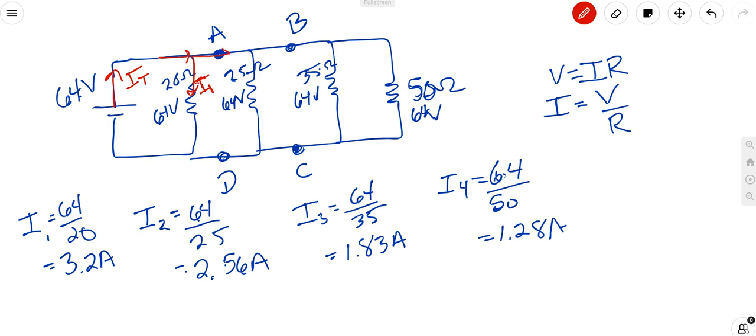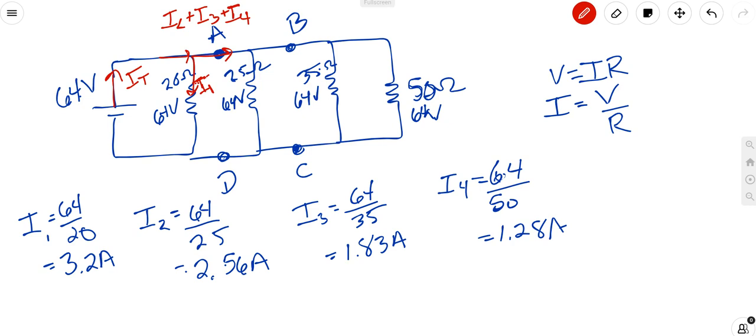What's left that goes through A is current 2 plus current 3 plus current 4. So at point A, you want to add up current 2, current 3, and current 4 to get the total current at point A.